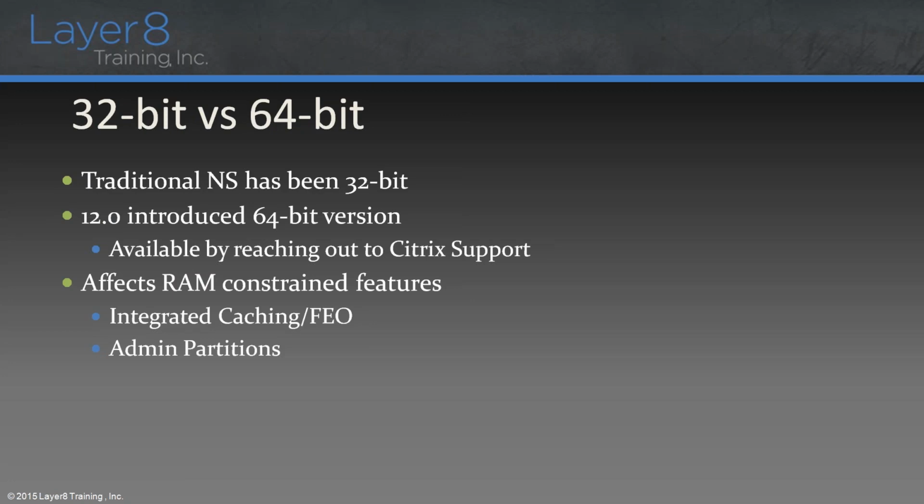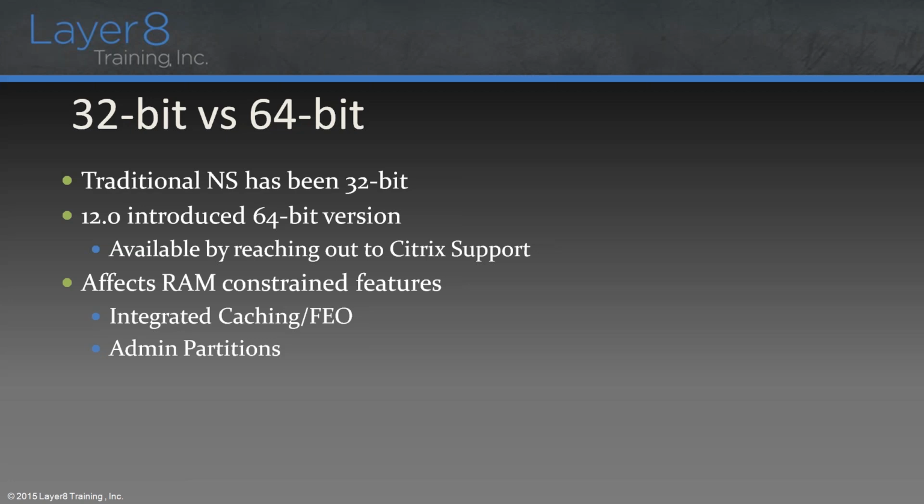I would have probably assumed, like a lot of people, that when we made the transition from single-core NetScalers to multi-core NetScalers, we obviously would have gone from 32-bit to 64-bit. That assumption would have been wrong. We've been using 32-bit all along the way. So all of our 9.2, 9.3, 10.0, 10.1, 10.5, 11.0, and even 11.1, all of those were 32-bit.